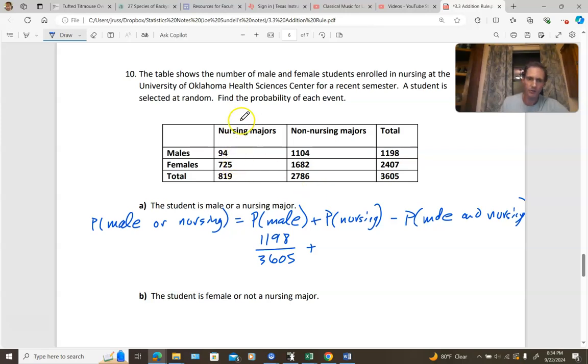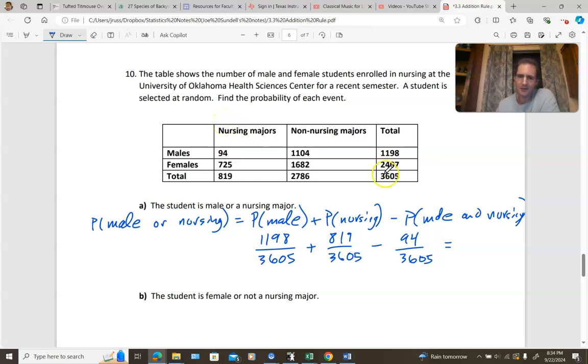Well, the nursing majors are right here in this column, and there's a total of 819, out of the total number of students, which is still 3,605, minus, now we need to figure out how many of those students are both male and nursing majors, or in other words, male nursing majors, okay? Well, the nursing majors are right here, and of those, 94 are male. So there's 94 male nursing majors.